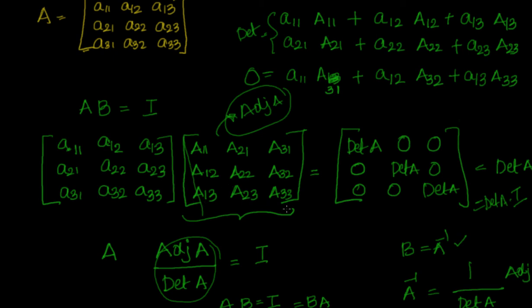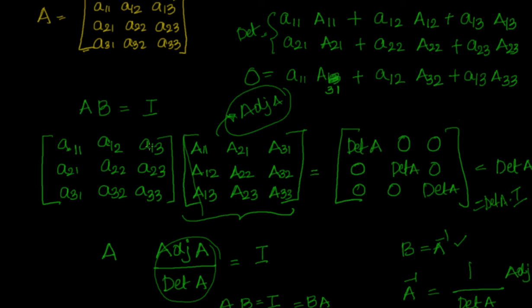And the definition of the adjoint matrix, what we observed, is that the adjoint matrix is obtained by replacing the corresponding elements of the matrix with its cofactors and transposing the resultant matrix. Or should I say, it's a transposed matrix obtained by replacing the elements with the corresponding cofactors.